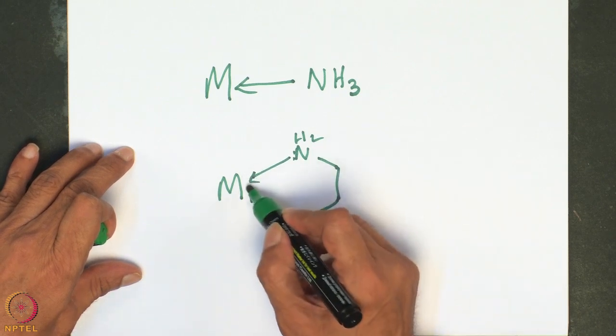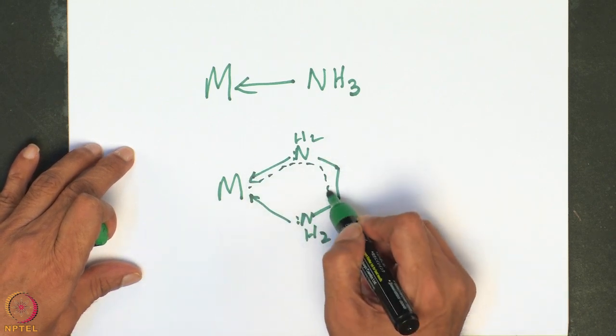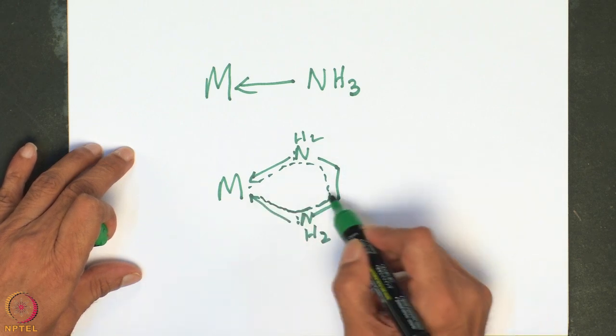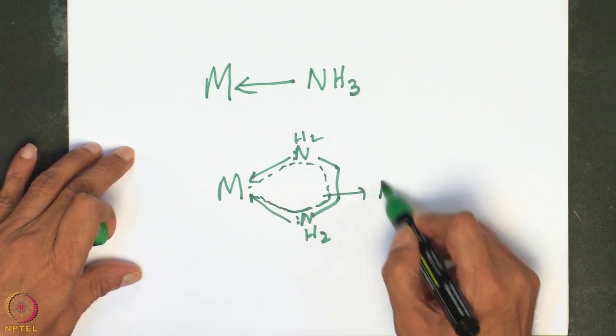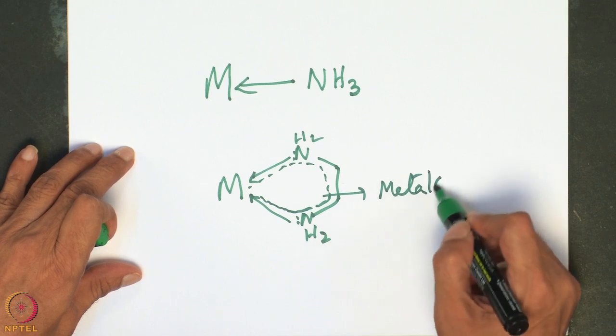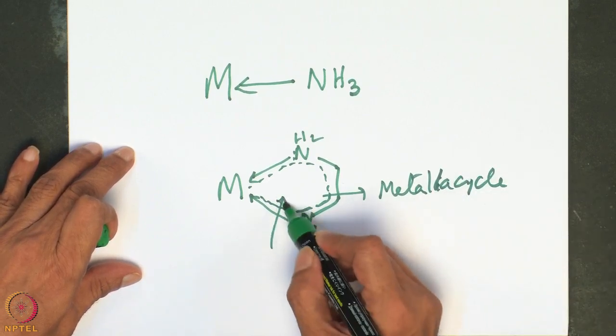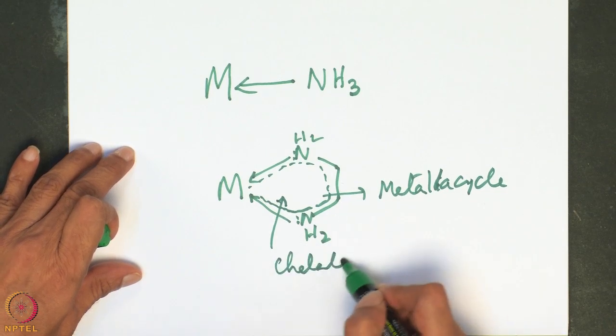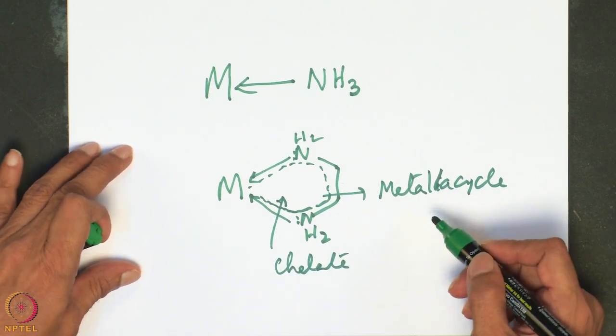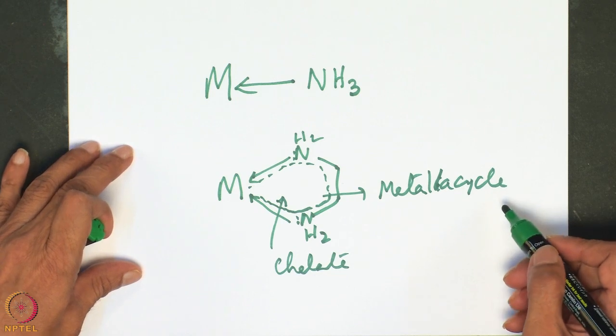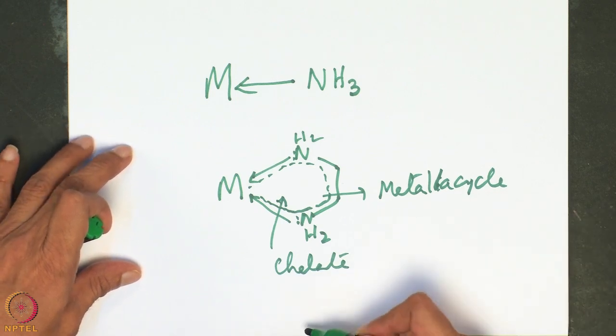So, you form a cycle. This is also called a metalla cycle, and this is also referred to as a chelate. The organometallic chemist will call this a metalla cycle, and coordination chemists call it a chelate.